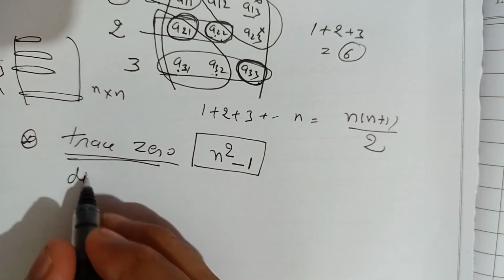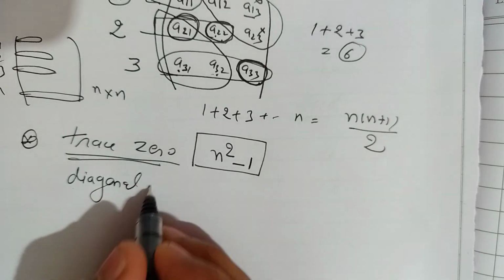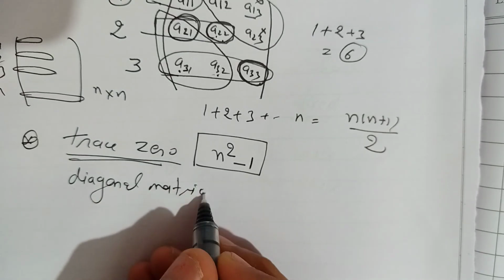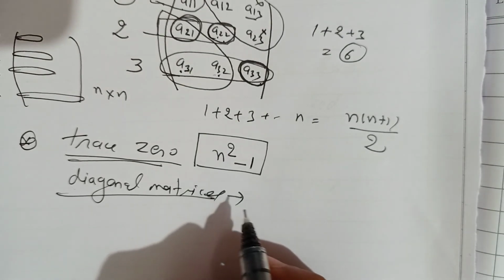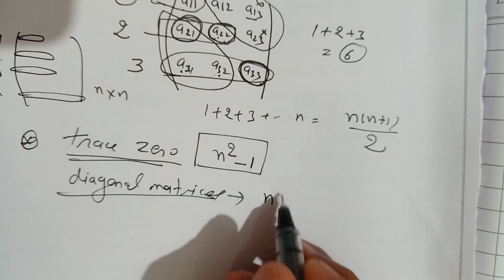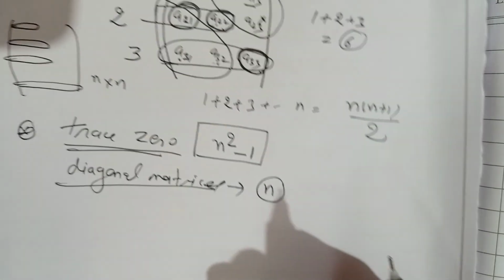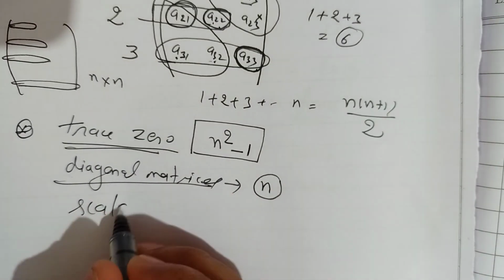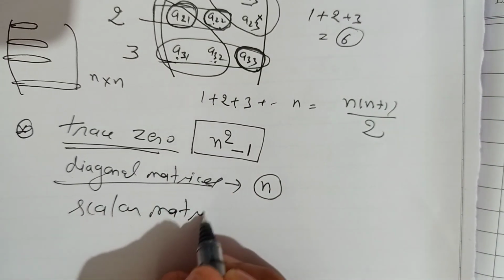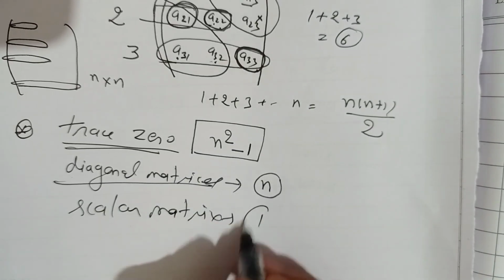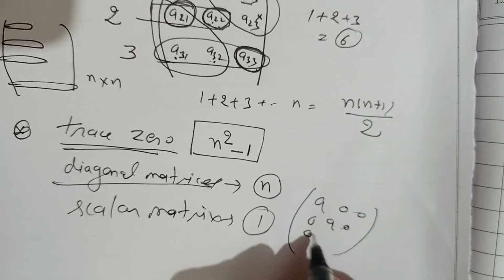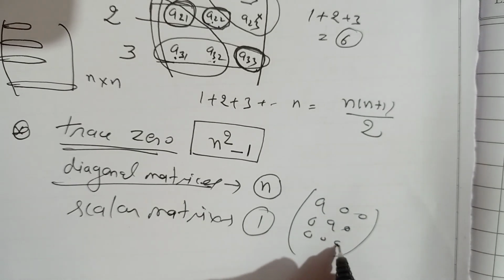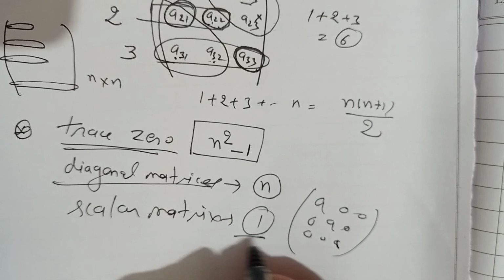And the set of all diagonal matrices. Diagonal means all others are 0, only diagonal elements will be there, so the dimension will be n. Fine. All the diagonal elements. Scalar matrices: the dimension is 1, because that is your A 0 0, 0 A 0, 0 0 A. So only one element here we have, so the dimension is 1.